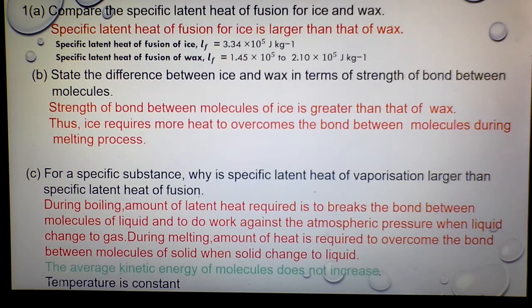During melting, heat is just required to overcome the bonds between molecules of the solid when solid changes to liquid. That's the reason why the specific latent heat of vaporization is larger than the specific latent heat of fusion. The average kinetic energy of molecules does not increase, or we can say the temperature is constant.